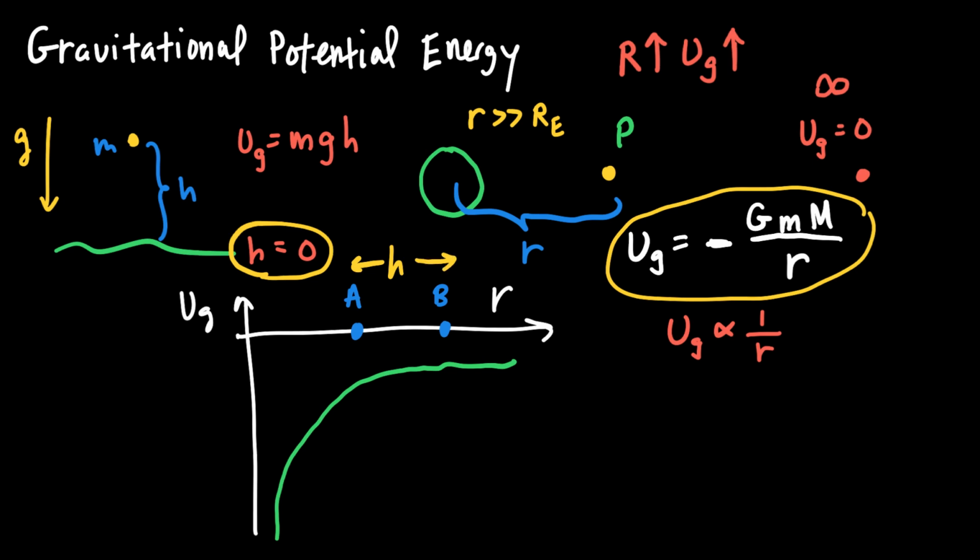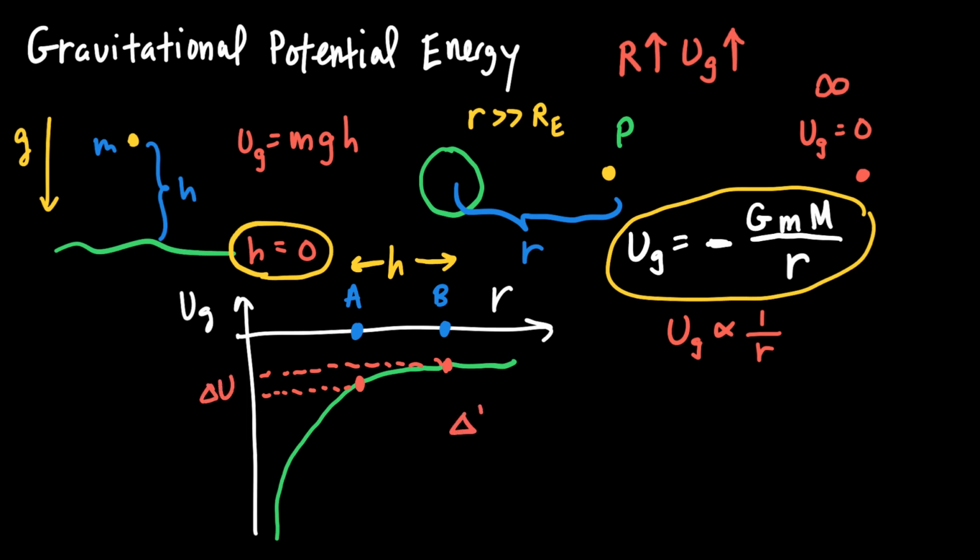The change in gravitational potential energy is hard to see on the graph that I've drawn, but you should be able to notice that the gravitational potential energy at these 2 points would not be equal. If we could read these points off of the graph, then there would be a difference in gravitational potential energy.